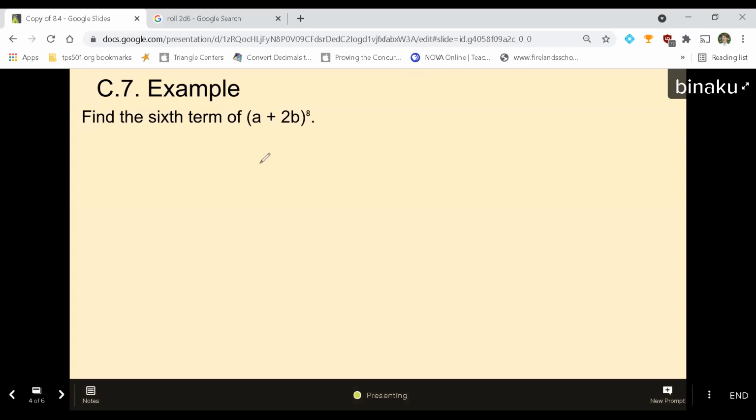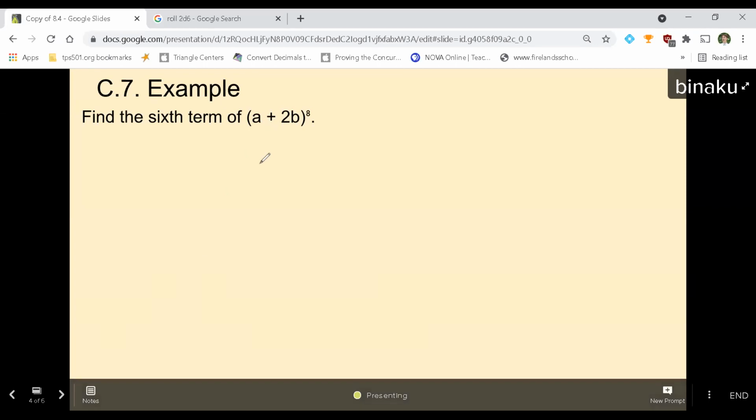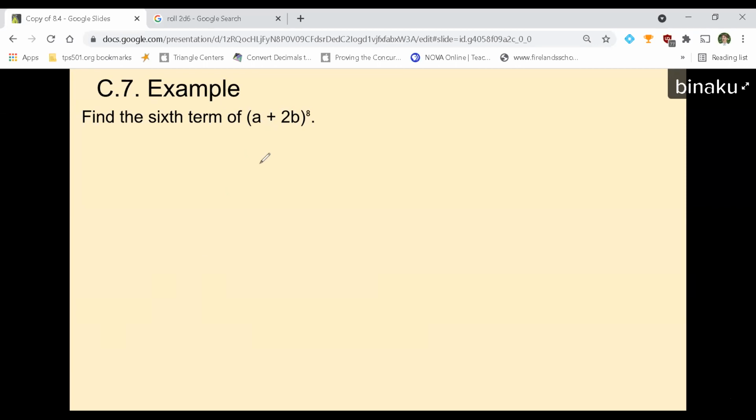Okay. The key part to this one is, we're going to start writing it out and then we're going to stop. So this will be 8 choose 0, a to the 8th, times 2b to the 0.